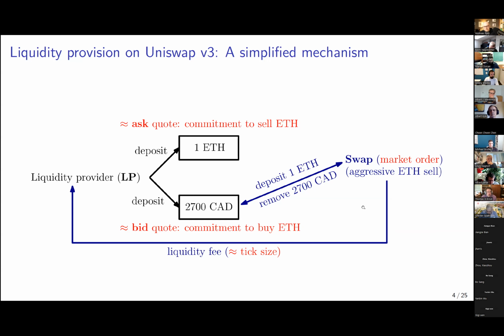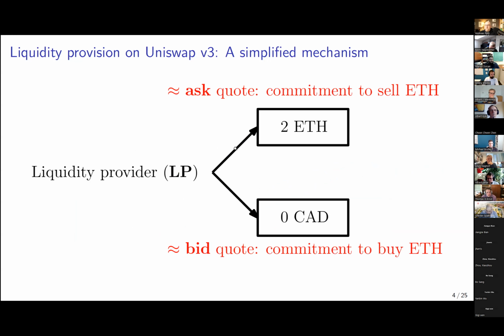So we're going to abstract from this price event. Now, after this market order completes, the liquidity provider will have 2 Ether, the one that you originally put and the one that they bought, and they will basically have no units of numeraire. And perhaps this is a suboptimal position, right?